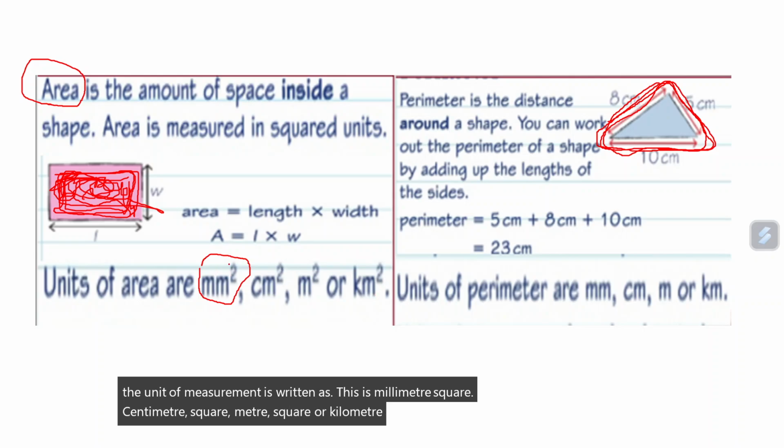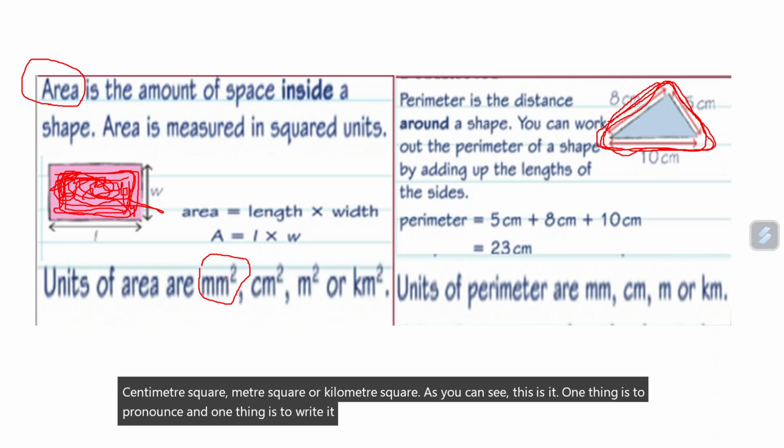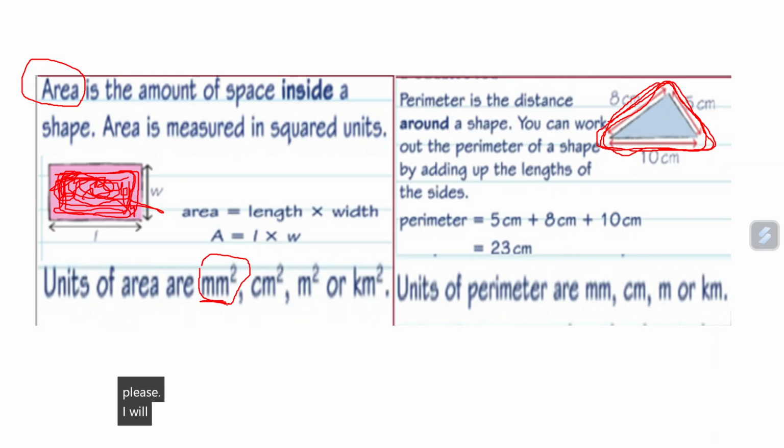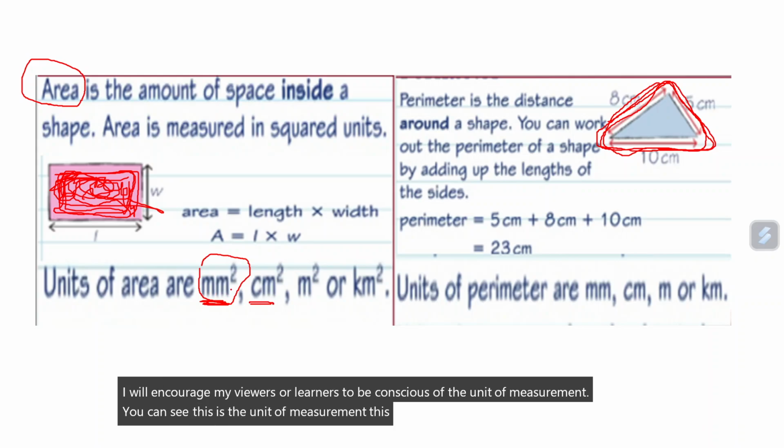One thing is to pronounce it and one thing is to write it symbolically. So while solving your answers, I will encourage my viewers and learners to be conscious of the unit of measurement.